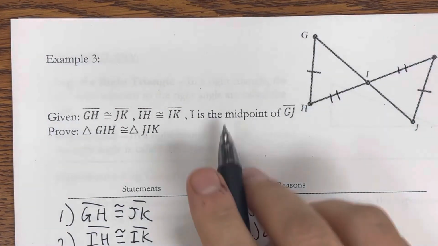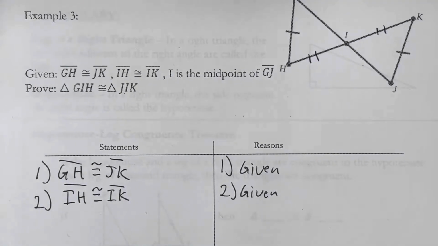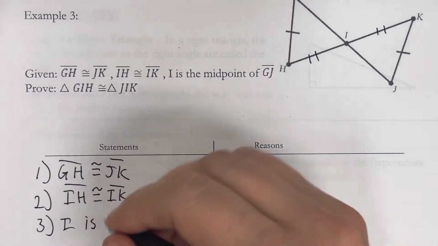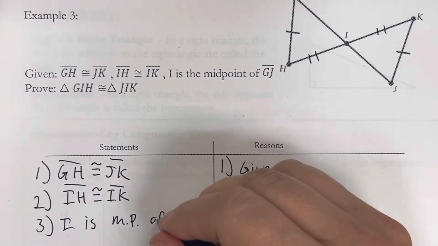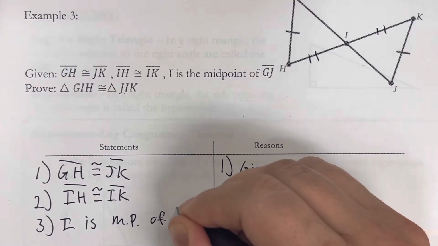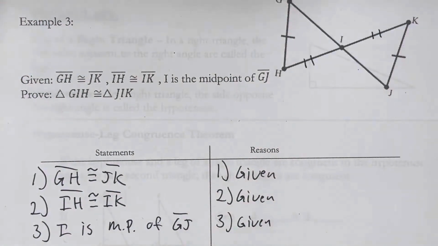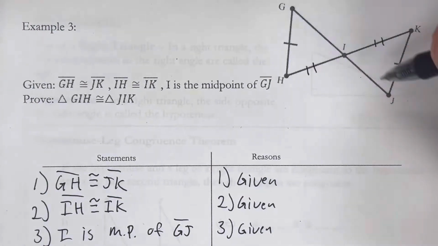And now our last given, we have that keyword midpoint. So we're going to have to use that keyword in this problem. So step 3, I is midpoint of GJ is given. All right, so this one I have to use. I is the midpoint of GJ. If I is the midpoint of G to J, that means these 2 segments are congruent.